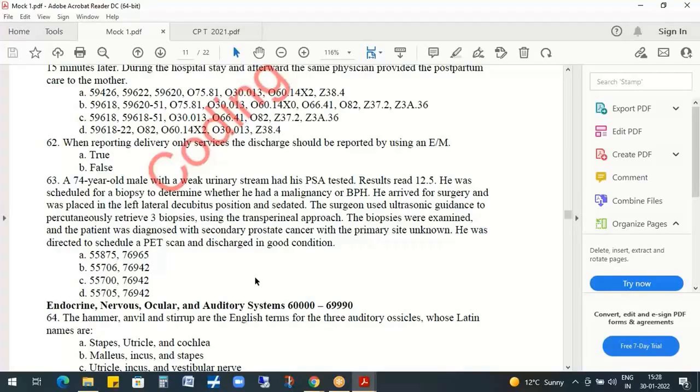Directly you can go to the scenario and you will get the answer. No need to memorize. Delivery services include the third paragraph. Are you able to notice? Read that one, you will get the answer.